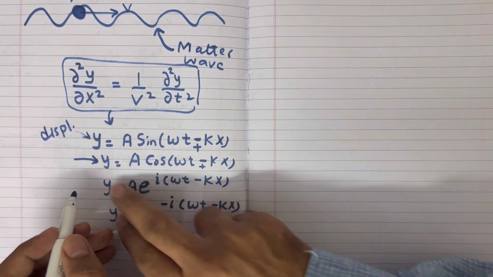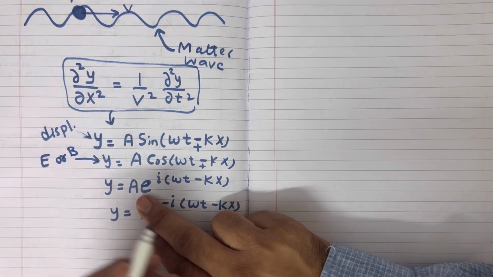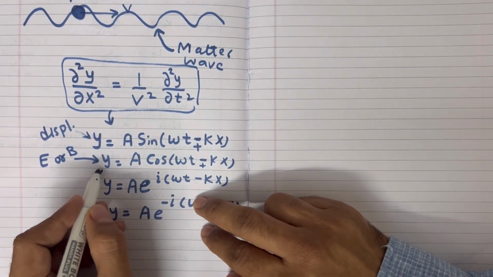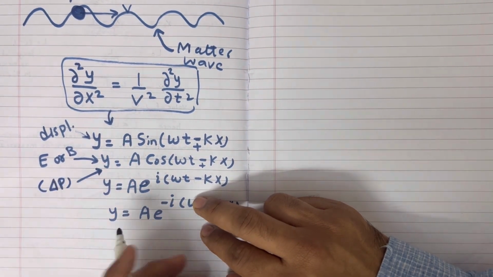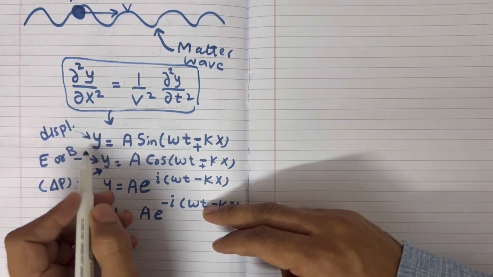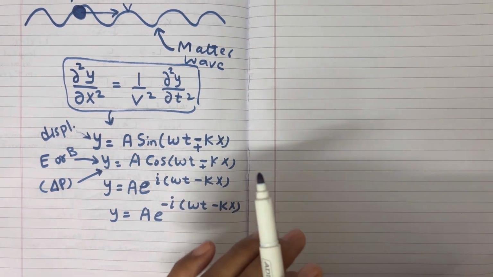In that case, this y represents the electric field, or this y may represent the magnetic field. If you are talking about sound waves, this y may represent the variation in pressure, the changes in the pressure of air. So in different types of waves, y represents different quantities. Sometimes y is a displacement, sometimes it's an electric field.